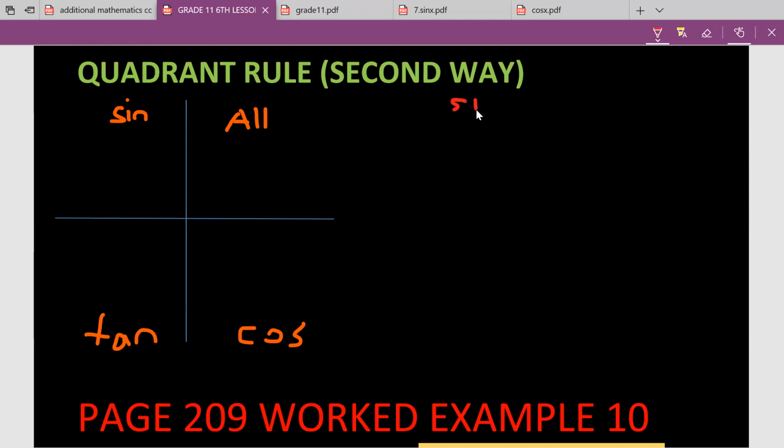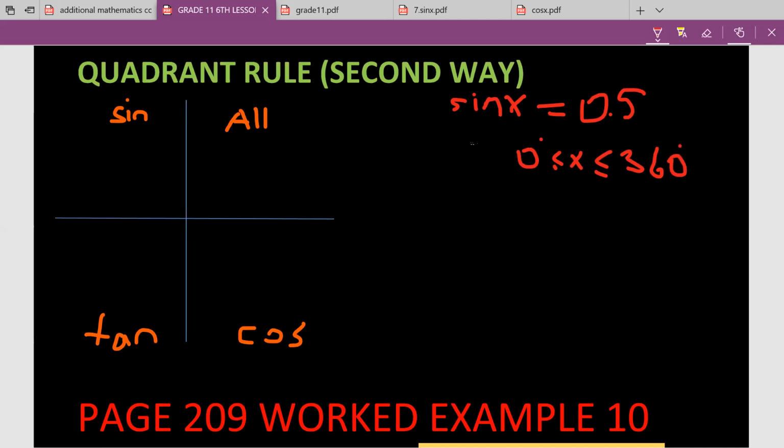To find the value of x, let's say sine x equals 0.5. And let's find first x values between 0 and 360 degree. So how do we find x?